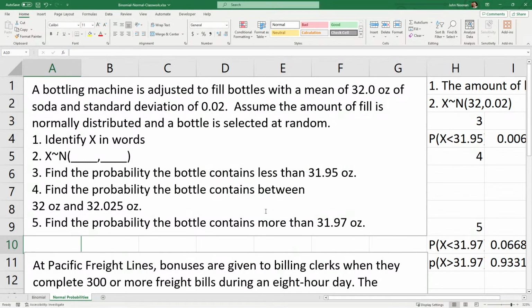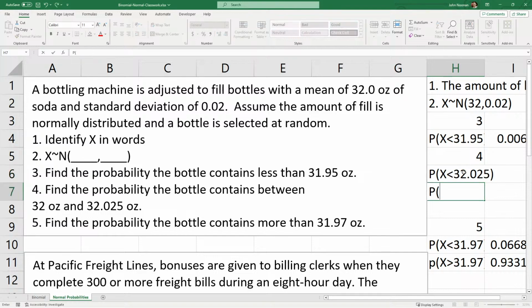So if you ever have to compute the probability between two numbers, what you'll do is you first of all find the probability x is less than the bigger one, 32.025, and then you'll do the probability that x is less than the smaller one, and then you'll subtract.